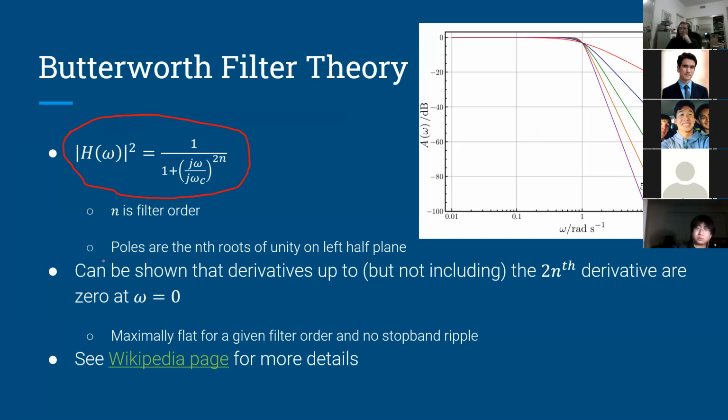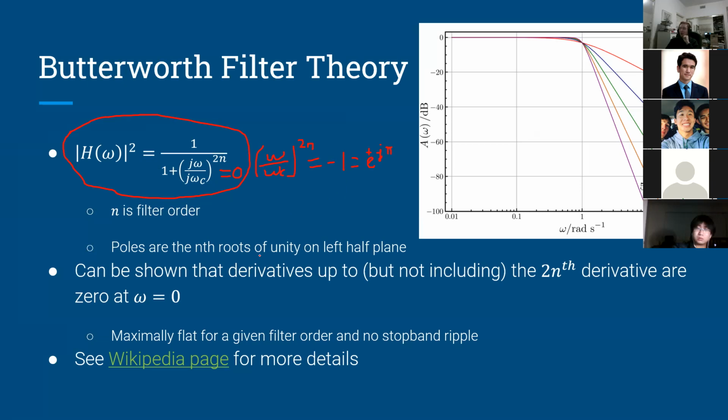If you solve for the poles, setting the denominator equal to 0, you basically get (omega over omega c) to the power of 2n equal to -1, which is equal to e to the plus j times pi.